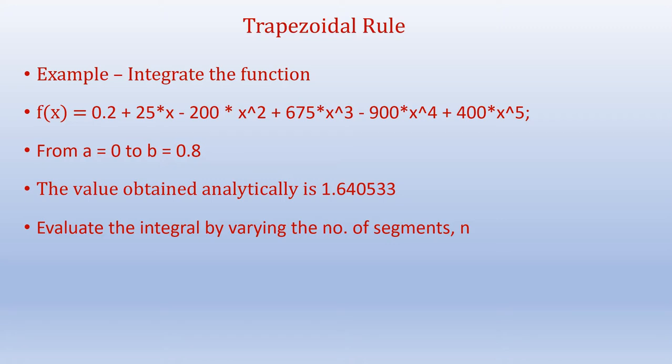When we do this analytically, we obtain a value which is equal to 1.640533. So we want to numerically integrate this function and compare our results to the analytical value. We can even change the number of segments n.